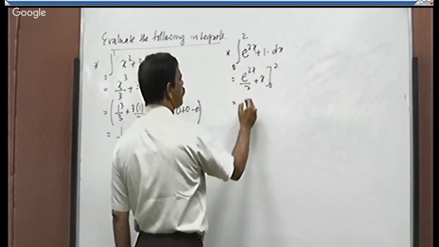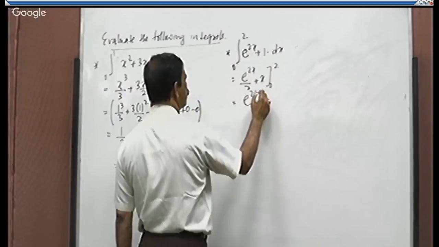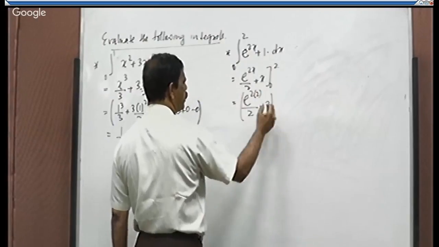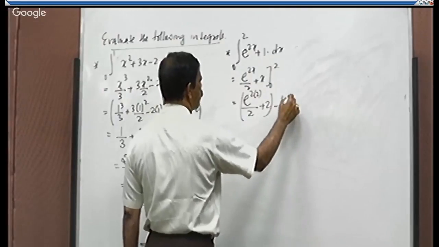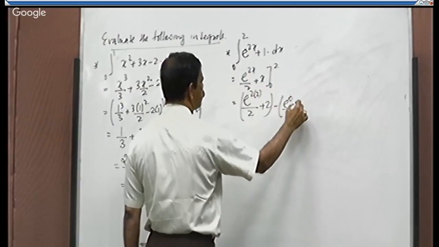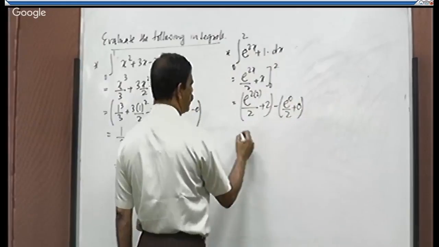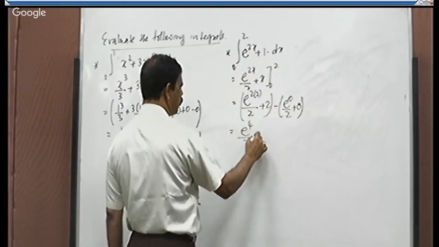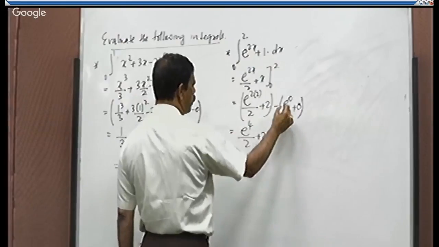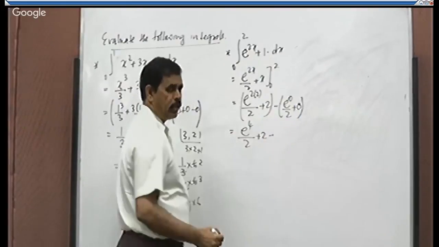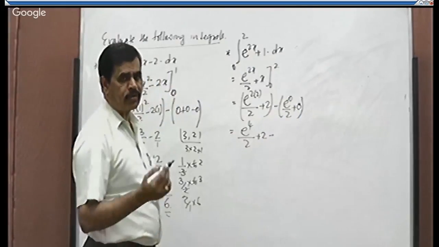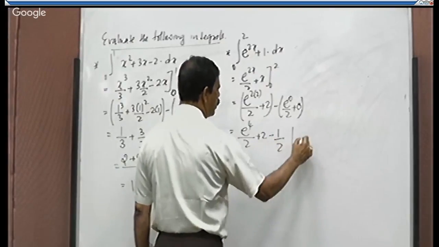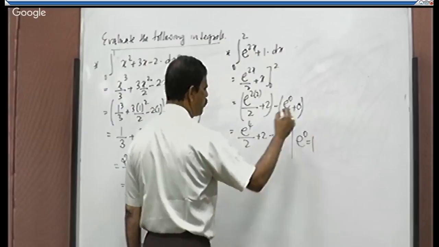It is e to the power of 2 into 2 by 2 plus 2, that is the upper limit, minus the lower limit, e to the power of 0 by 2 plus 0, correct? That is e to the power of 4 by 2 plus 2 minus e to the power of 0, which is 1. Anything to the power of 0, except 0 to the power of 0, is always 1, divided by 2. e to the power of 0 is equal to 1.